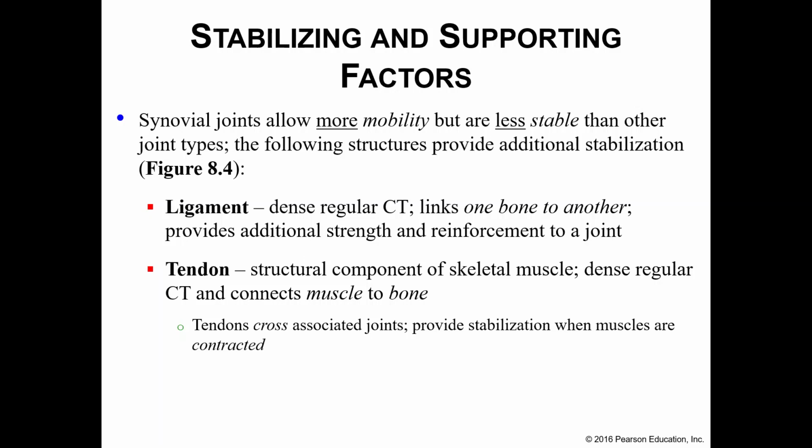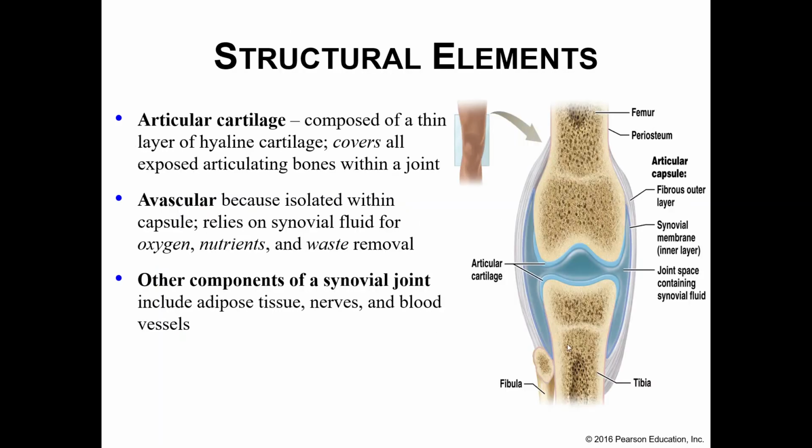We're going to connect bone to bone. Tendons, on the other hand, although they are dense regular connective tissue also, now we are connecting muscles to bones. Because we are working with muscles, your tendons will cross over the joint to provide stabilization when the muscles are contracted. So let me go back. This ligament, this white line, connects one bone to another.